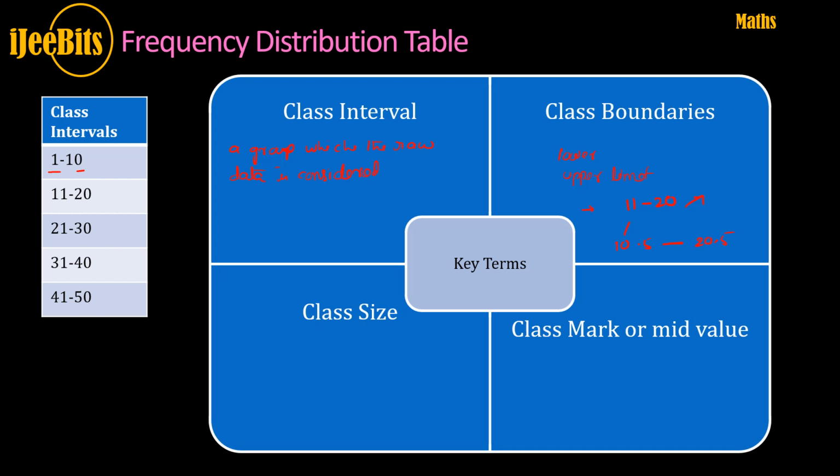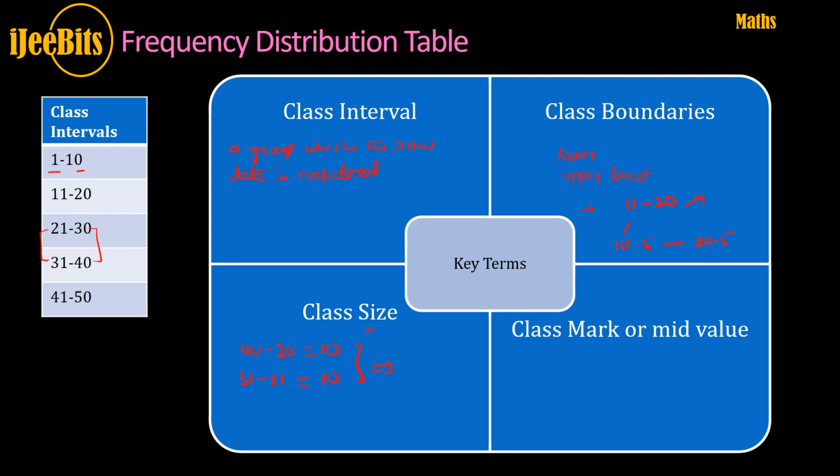The difference between the true upper limit and true lower limit is called the class size. Simply you can consider it this way: subtract lower from upper, you will get it. That's the class size. So 40 minus 30 equals 10, or else 31 minus 21, 10. So this is a class size.